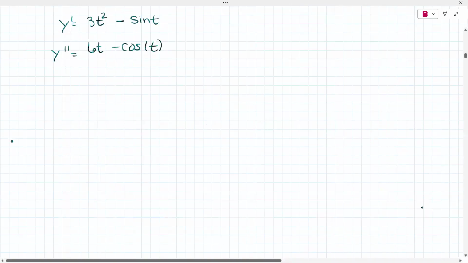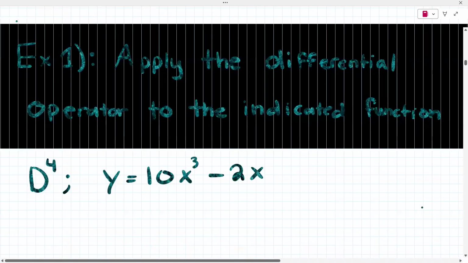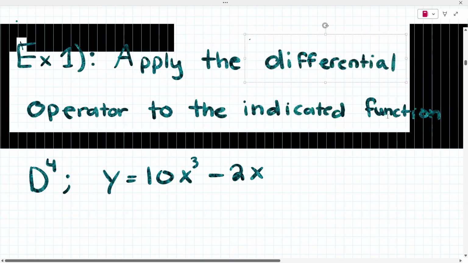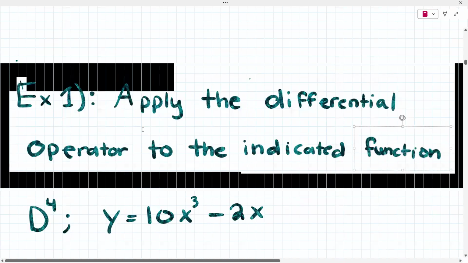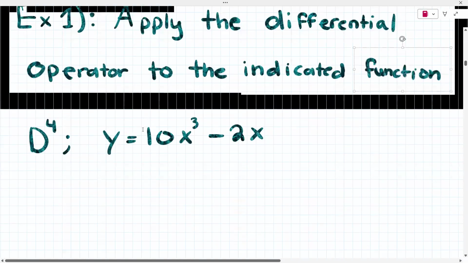Okay, let's move on to another example. This one says, example one, apply the differential operator to the indicated function, d to the fourth y, where y equals 10x cubed minus 2x.